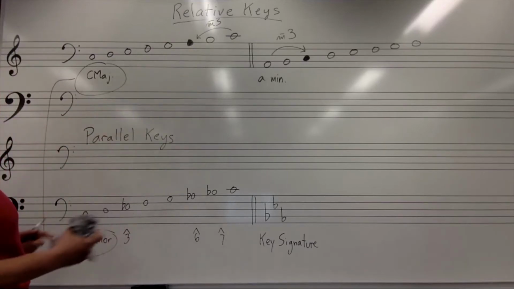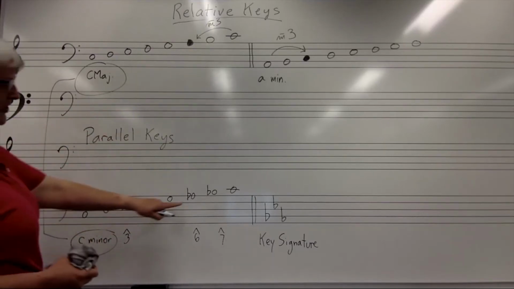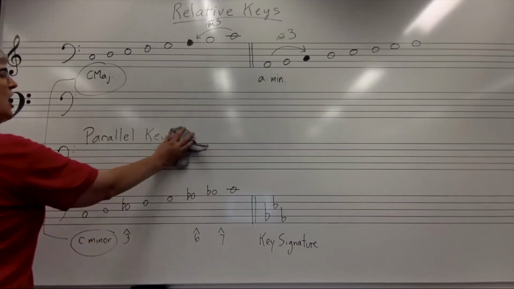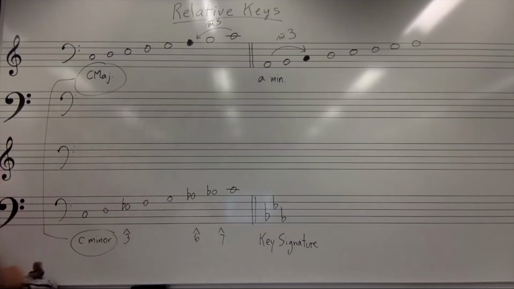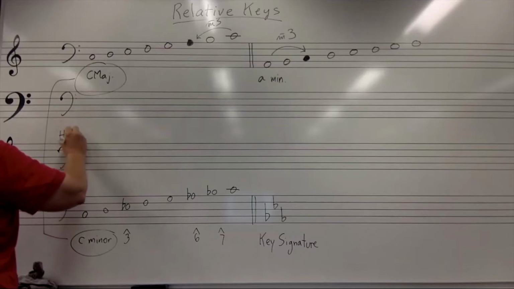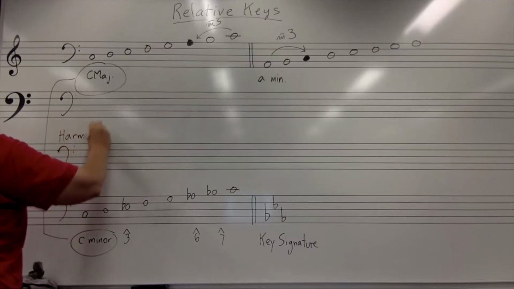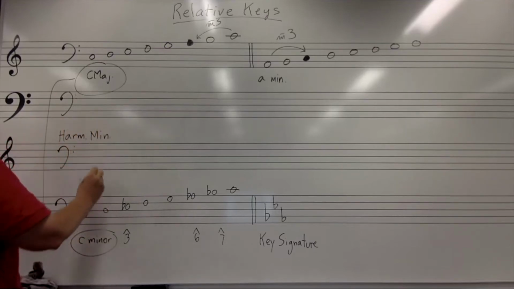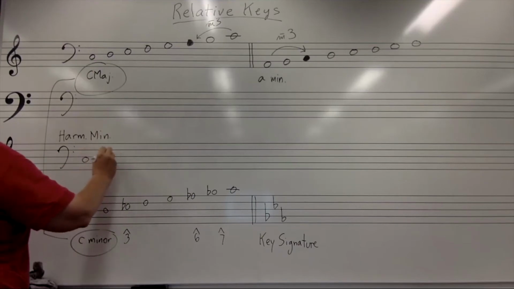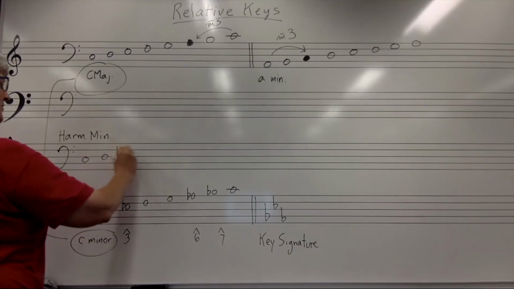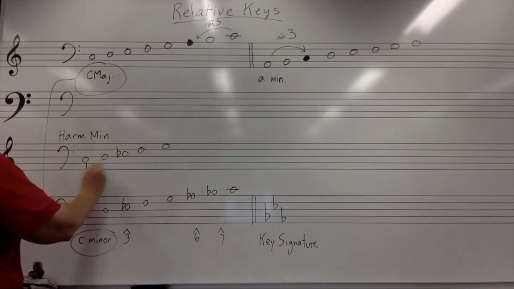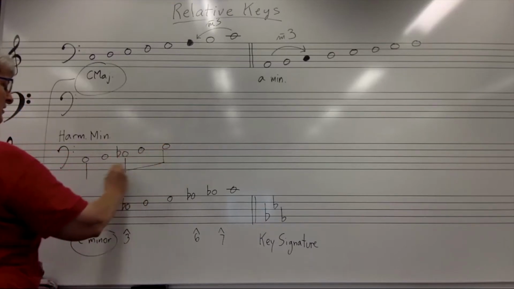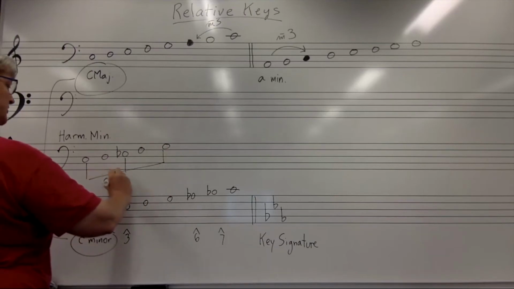This relationship, and specifically these scale degrees that change, do have musical importance and musical meaning. Think about it. If we were to have the harmonic minor scale on C, that would be C, D, E flat, F, G. So the tonic triad is C minor.